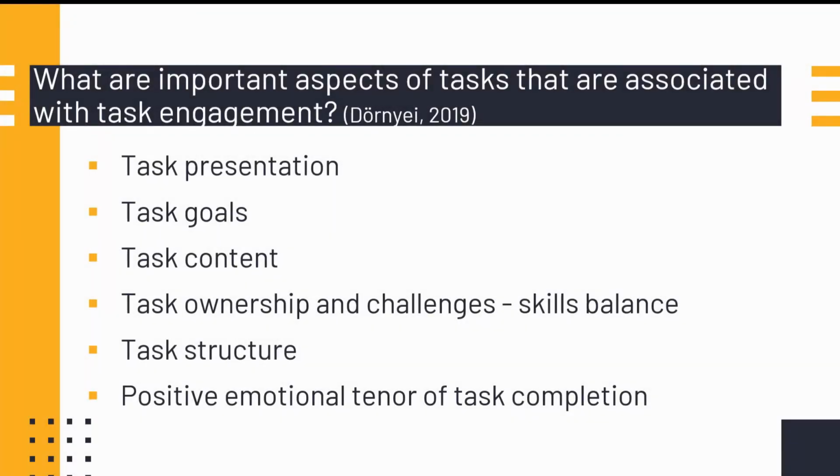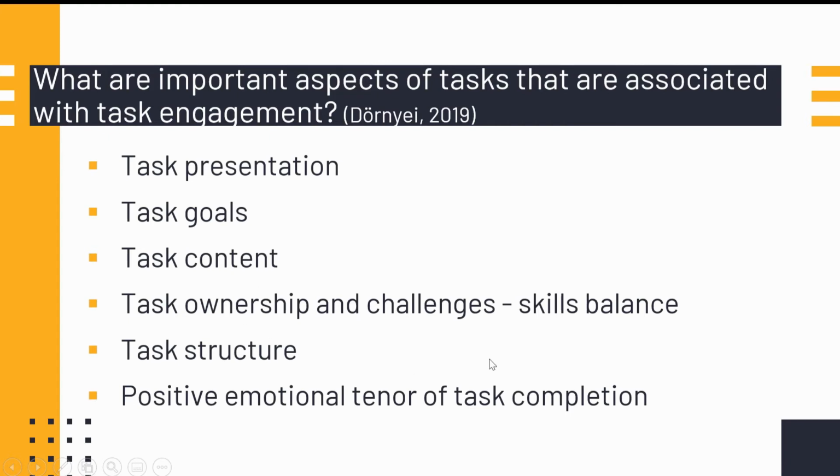And he also presents aspects of tasks that are associated with task engagement: task presentation, task goals, task content, task ownership and challenge-skill balance, task structure, and positive emotional tenor of task completion. So these are not new, in a way, as a lot of task-based research highlights the importance of presenting a clear goal based on learner needs.